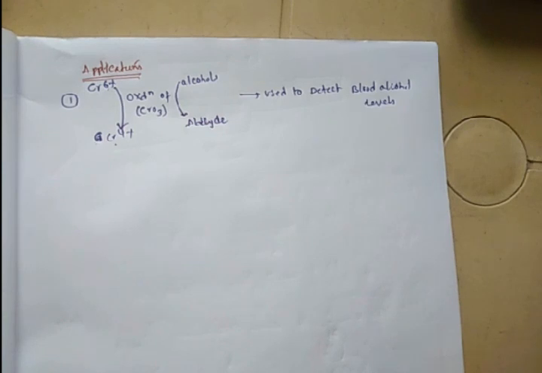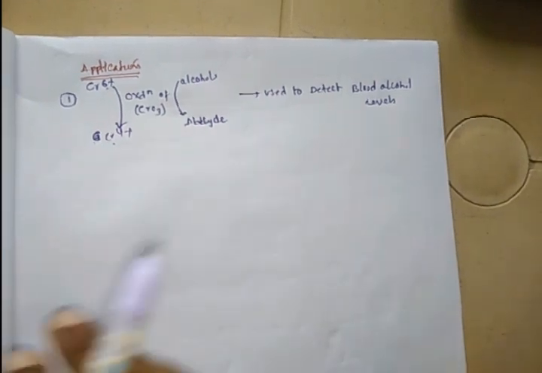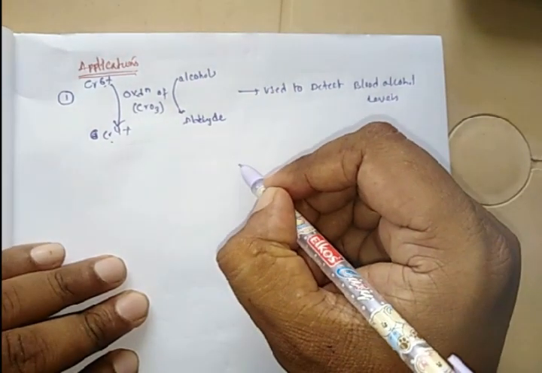Then the policeman asks the driver to blow air into a device, and if the person is alcoholic, the device shows a transformation of color. Based upon the color transformation, they decide whether the person is alcoholic or non-alcoholic. So this oxidation reaction of alcohol is used for making that alcohol testing device.